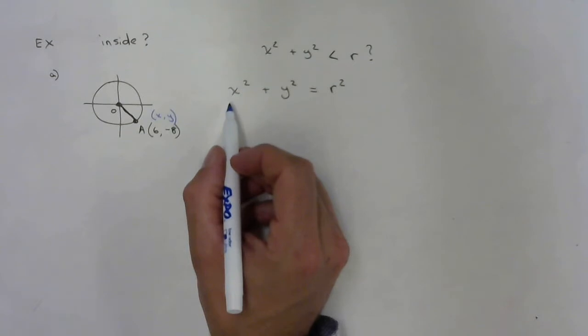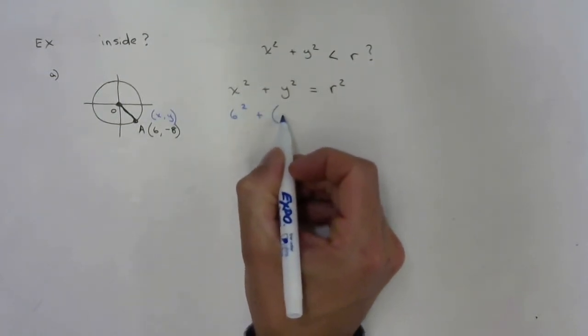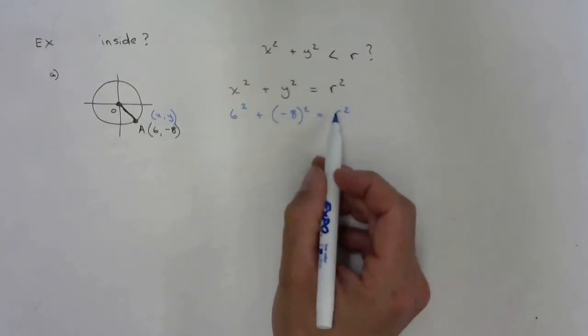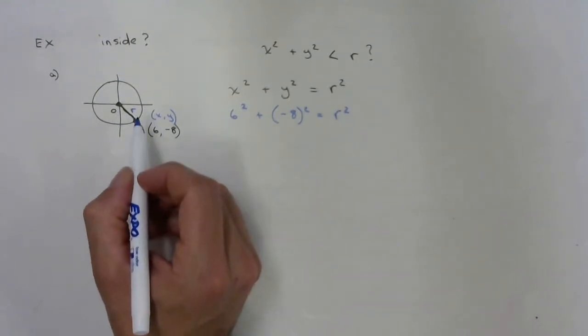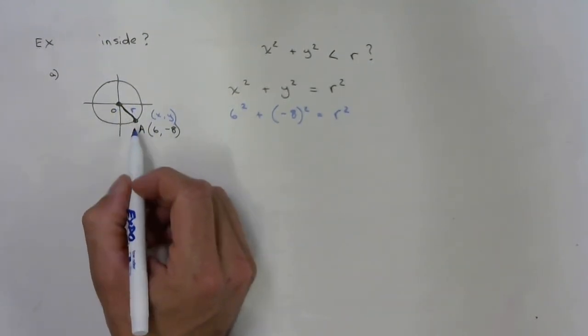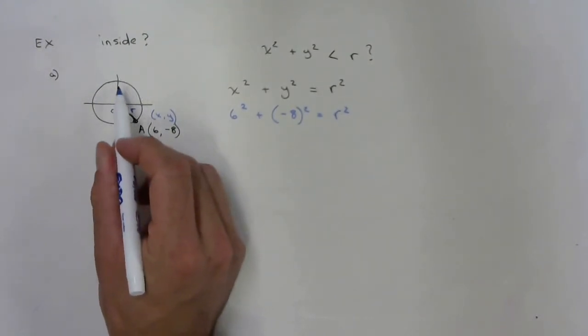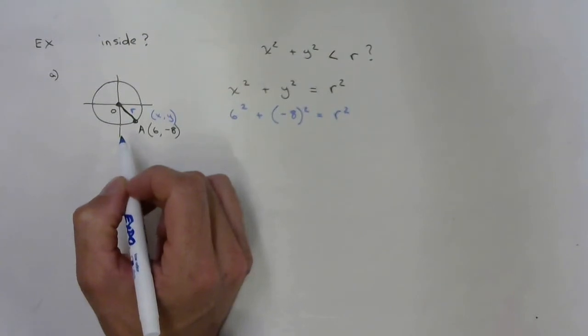So all I need to do is sub in my value for x and sub in my value for y. And now look, the only thing left is r. And if the radius that I find here is true for this point, what else do I know? It's going to be true all the way around the circle, isn't it? The radius of a circle never changes around the circle.